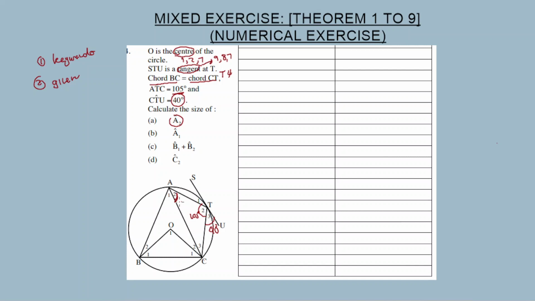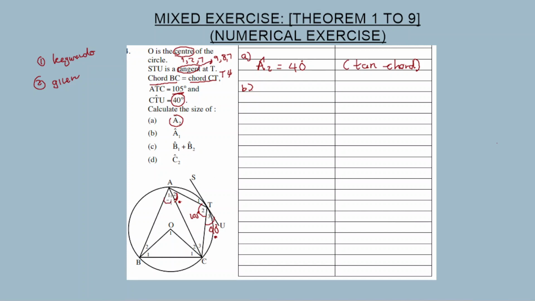Singasebenzisa which theorem a connector A2 no 40 degrees. It's theorem number 9. So A2 is equal to 40 degrees, theorem 9, tan chord theorem, right? Tan chord theorem. B, A1.